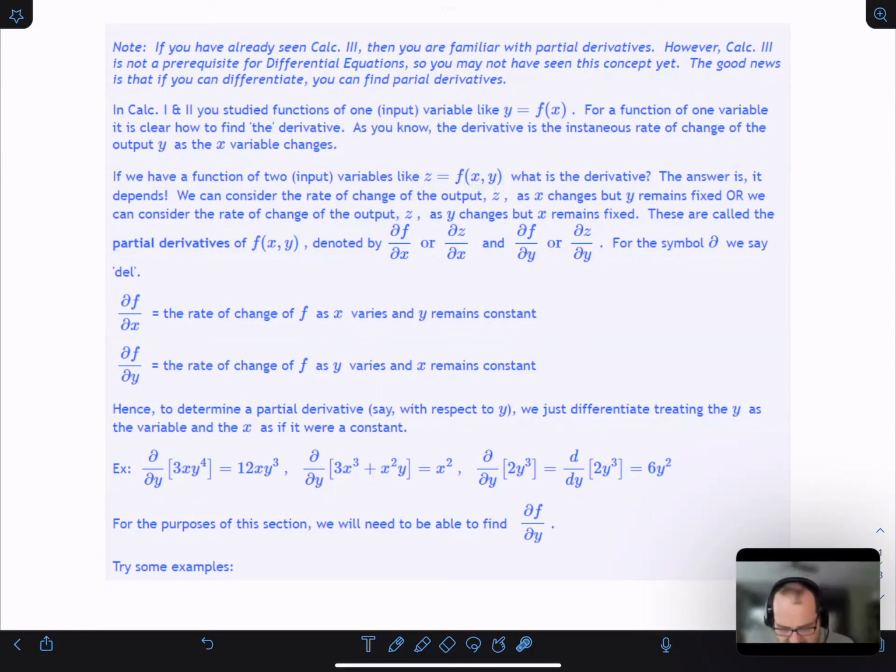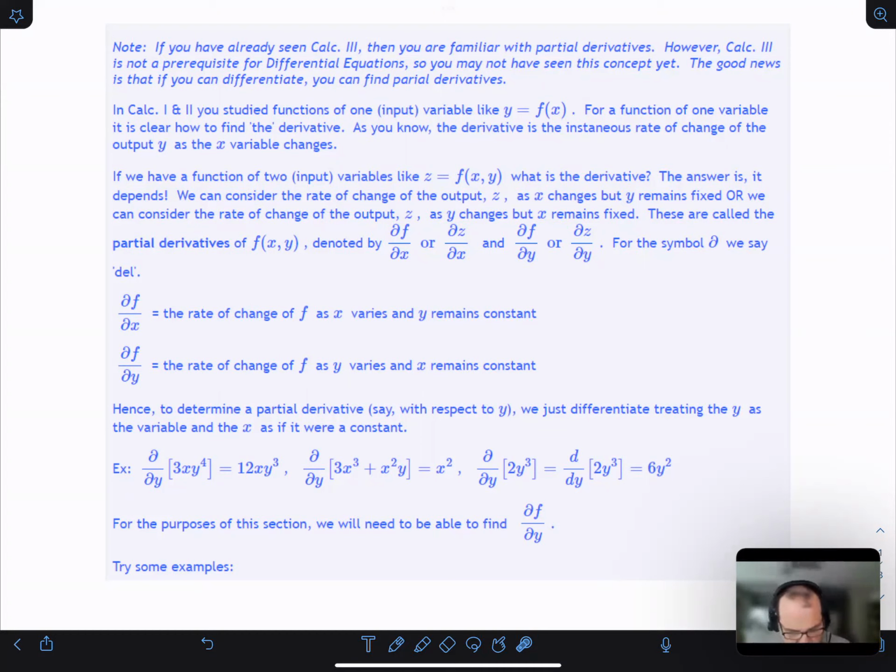So the classic partial derivatives are, what is the rate of change of the output z as x changes, but y remains constant? Similarly, we can also talk about what is the rate of change of the output z as y changes, but x remains constant. These are called the partial derivatives of f of x, y. So there is not just a derivative, we have multiple partial derivatives in this case.